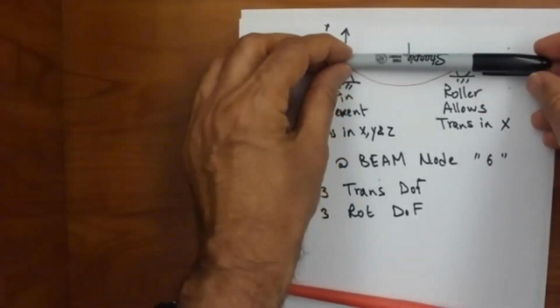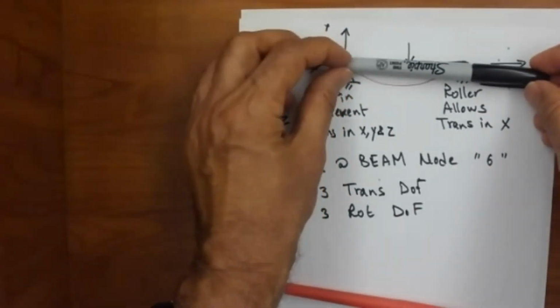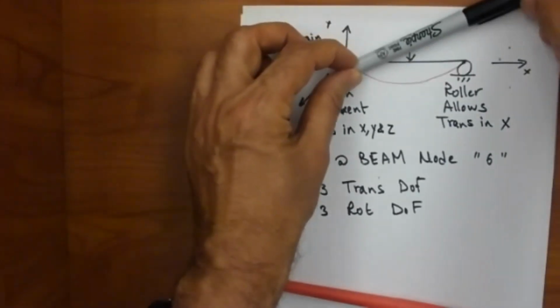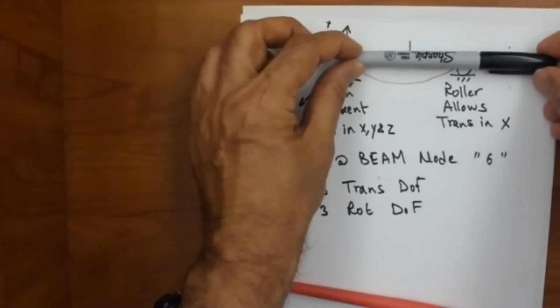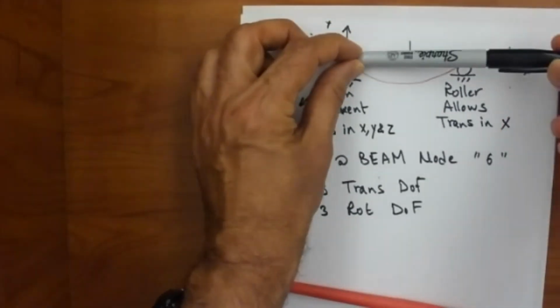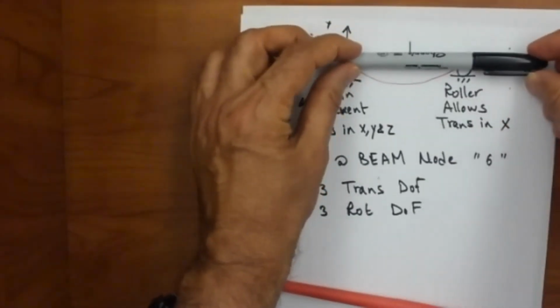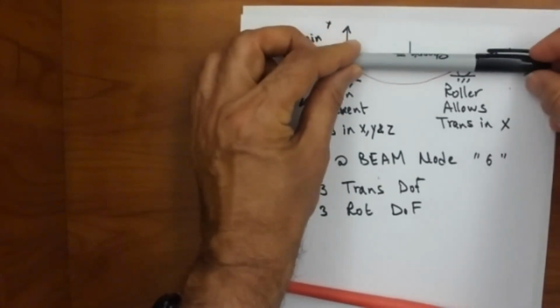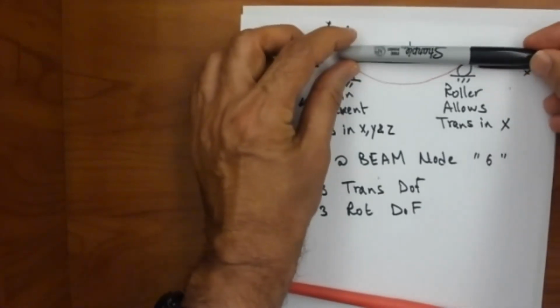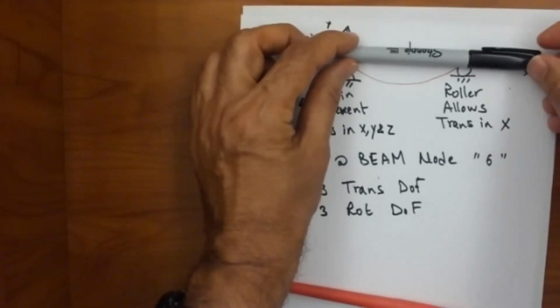I said rotation about Z, right? If it wants to rotate about Y, the roller would also hold it. But how about if it wants to spin about itself? Is anything going to prevent it from doing that?